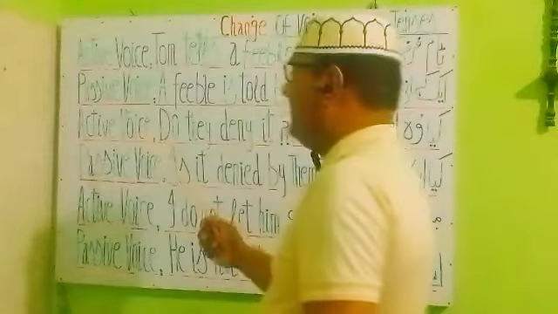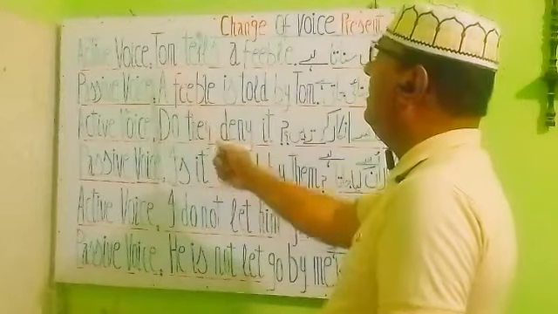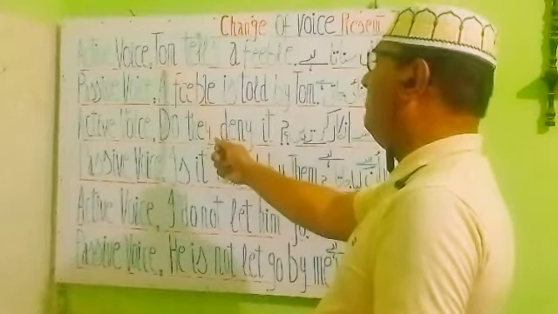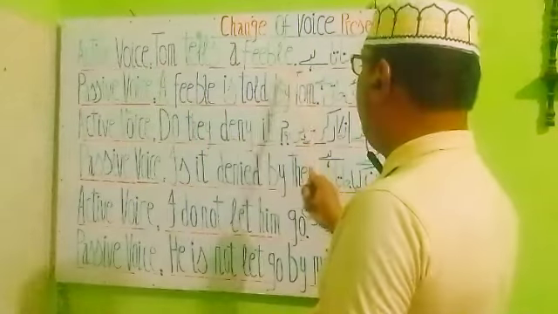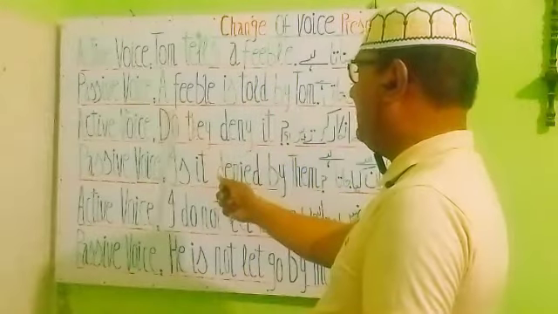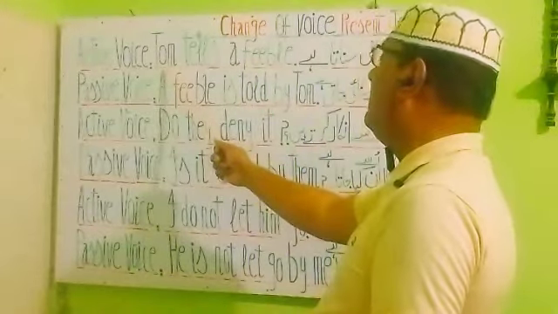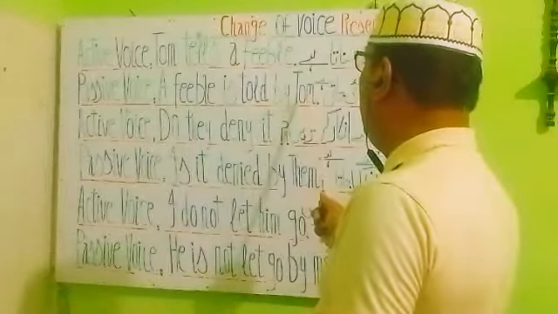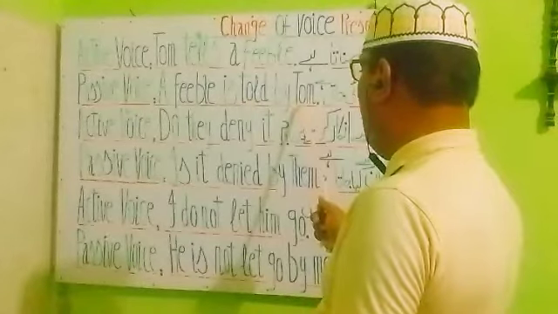So guys and students, you see that first of all we have to shift this object into the passive as a subject, and Tom will take the place of the object.